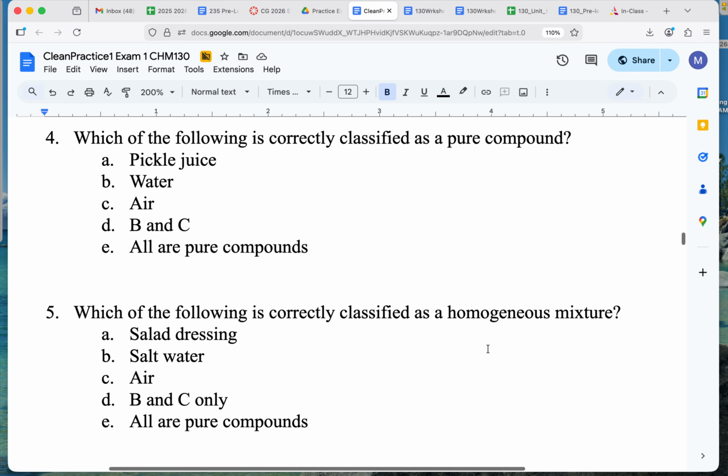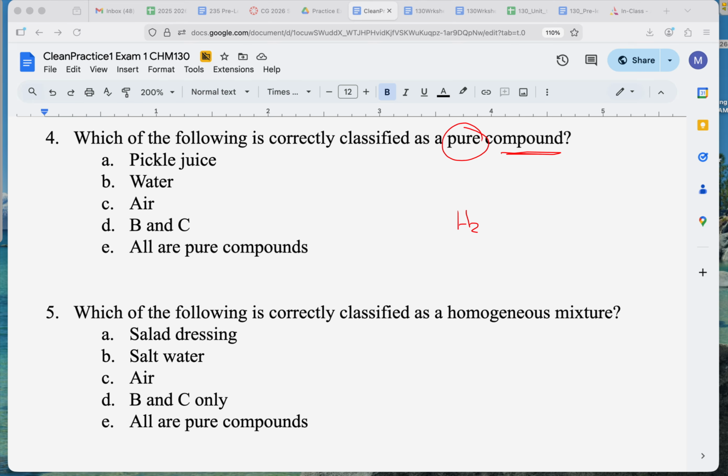This is going to require you to understand or potentially manipulate this concept of what a pure compound is. So both pure and what compound is. Pure means that's the only thing present. I can look at a sample of hydrogen gas.